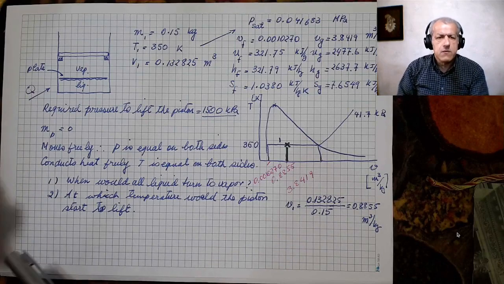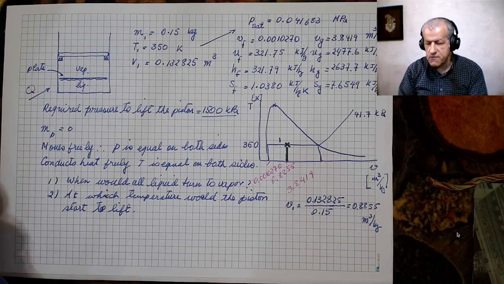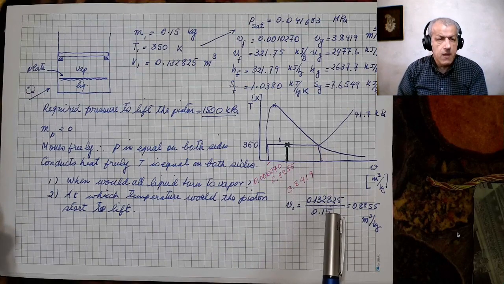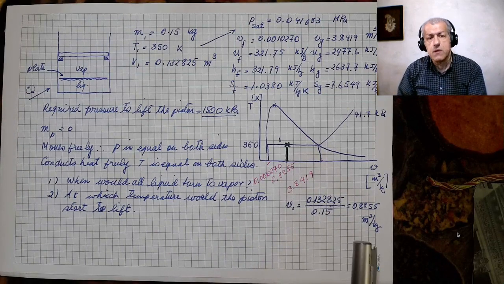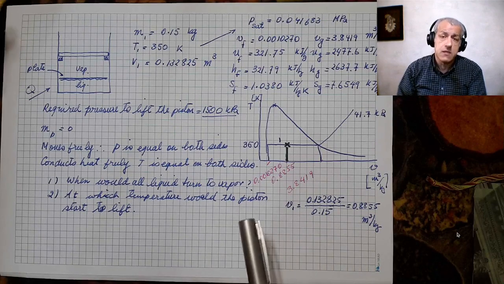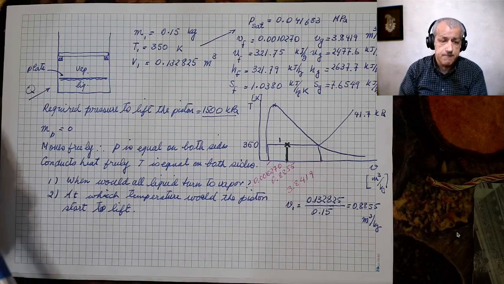Once we have calculated the specific volume for our initial condition, then we could also calculate other properties. And the key property we have to look for is quality, because that will lead us to other properties.